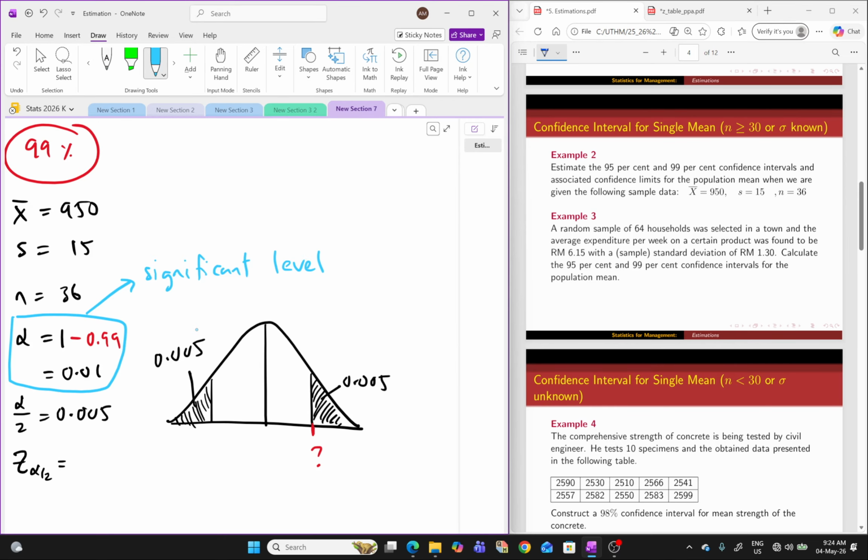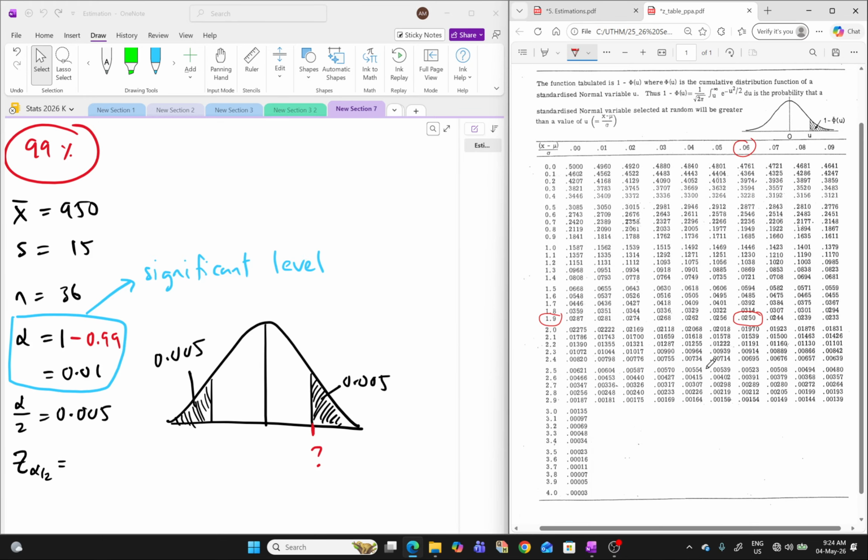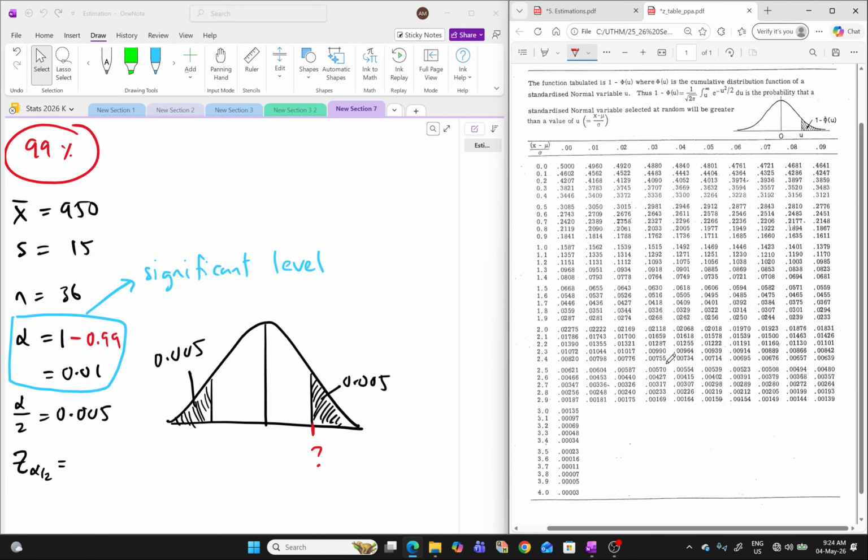If you refer to Z table here, 0.005 is here, that 2.58.